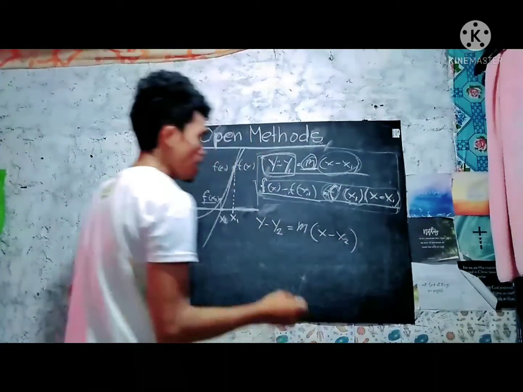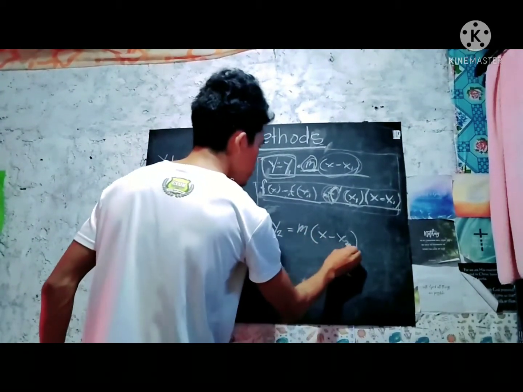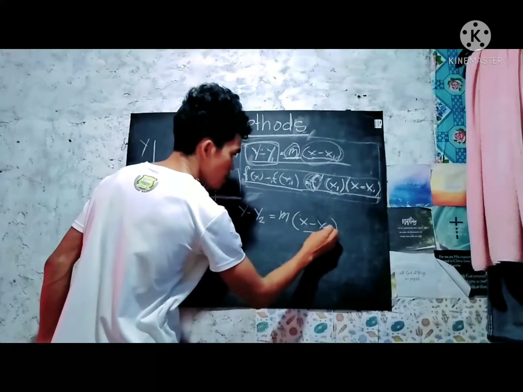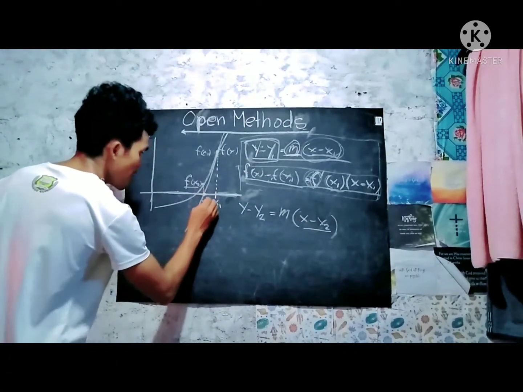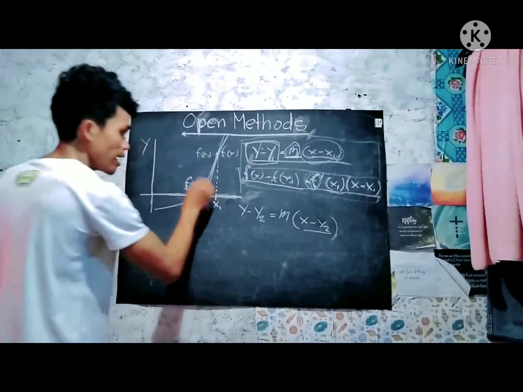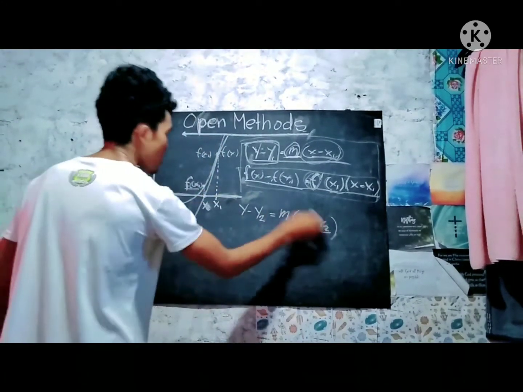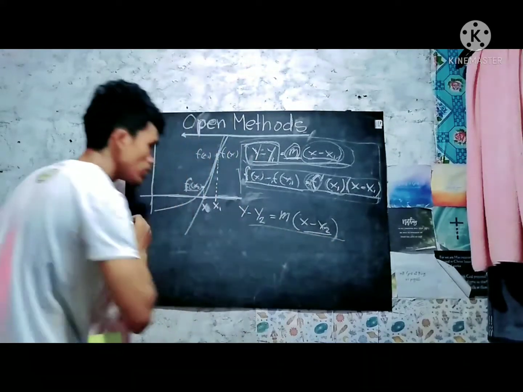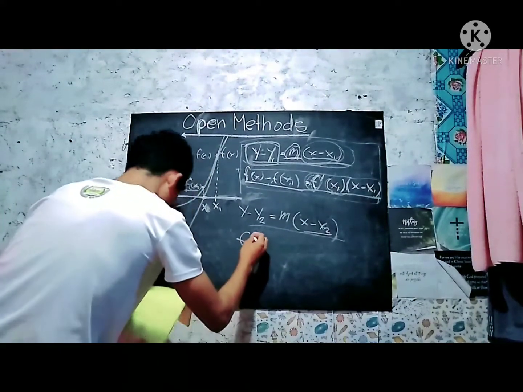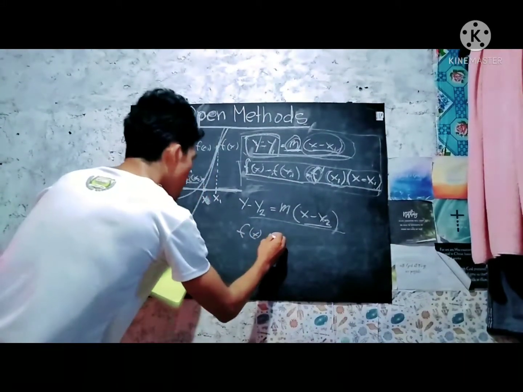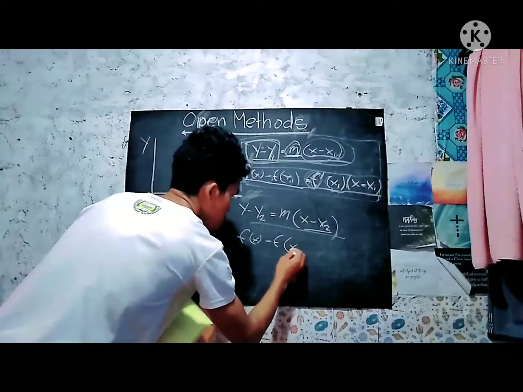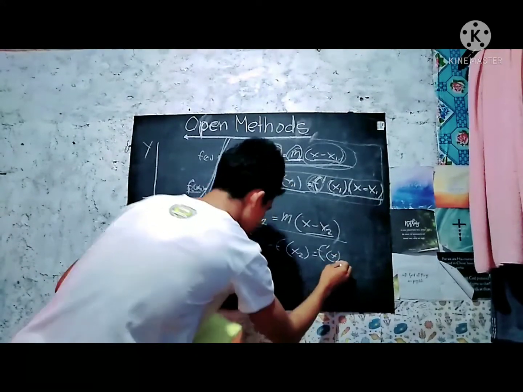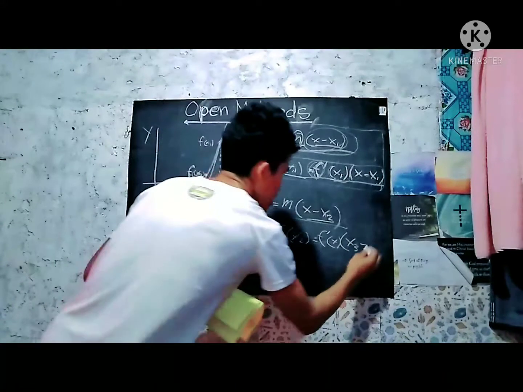Okay guys, if you observe, this equation is the same as the previous one, but the only change is this x, because we're gonna compute this point x2 and this point f of x2. So if we evaluate this equation, we're gonna have f of x minus f of x2 is equal to f prime of x2 times x3 minus x2.